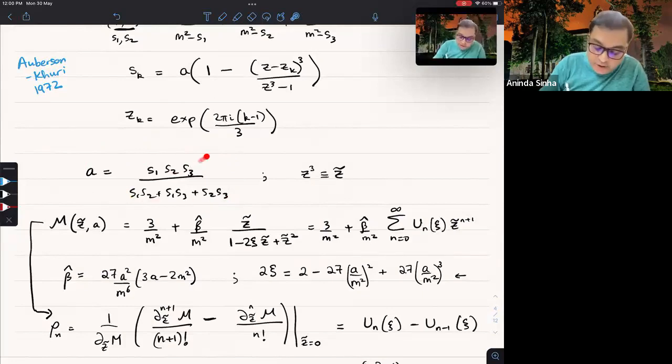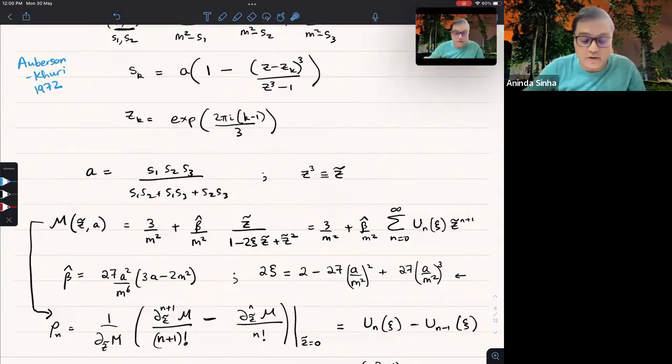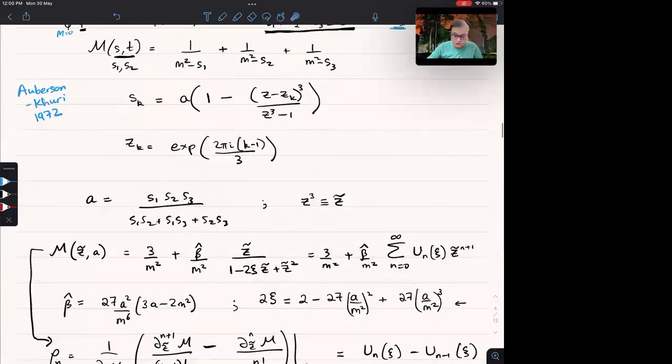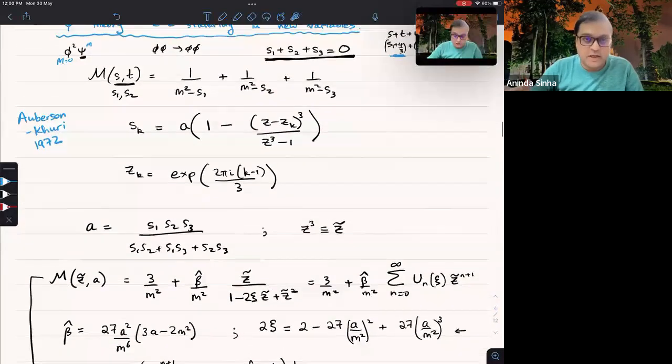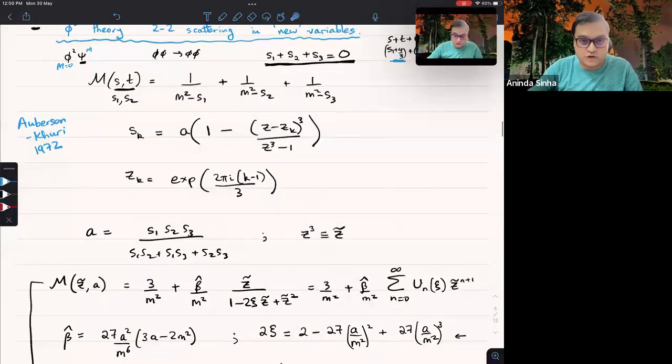So this is the cubic Mandelstam invariant divided by the quadratic Mandelstam invariant, the fully crossing symmetric object. We want to hold this fixed when we write down the dispersion relation. Usually when we write down a dispersion relation, we hold T fixed, but because we hold T fixed, we lose manifest crossing symmetry. If we want a dispersion relation which is manifestly crossing symmetric, you want to hold something like this fixed. I see.